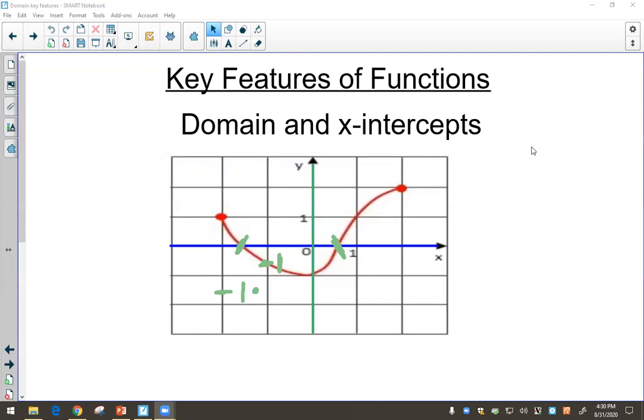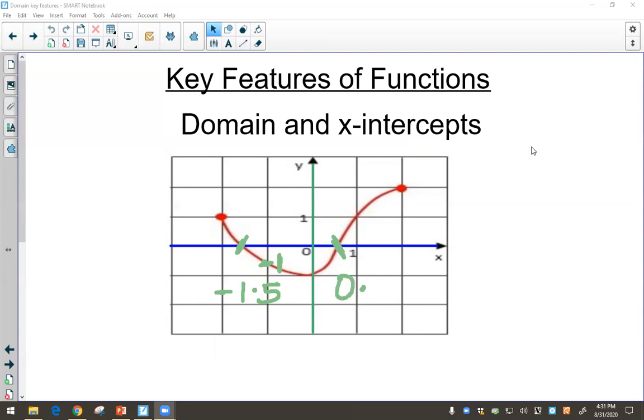The general idea is just to identify your x-intercept. Okay, if you want to say 0.5, I'm okay with that. And the next one is almost, it seems like it's a little bit more than 0.5.